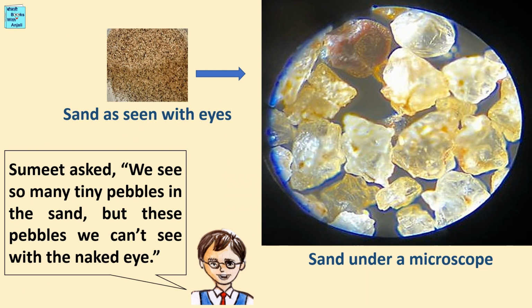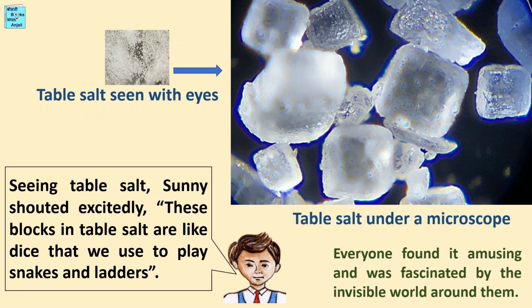Sumit saw sand and asked, we see so many tiny pebbles in the sand, but these pebbles we can't see with the naked eyes. Seeing table salt, Sunny shouted excitedly, these blocks in table salt are like dice that we used to play snakes and ladder. Everyone found it amusing and was fascinated by the invisible world around them.